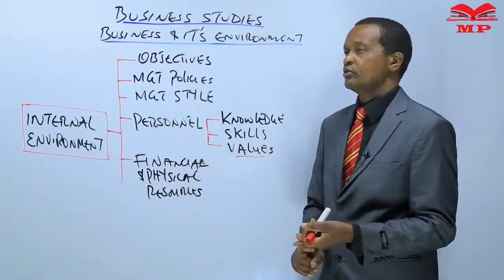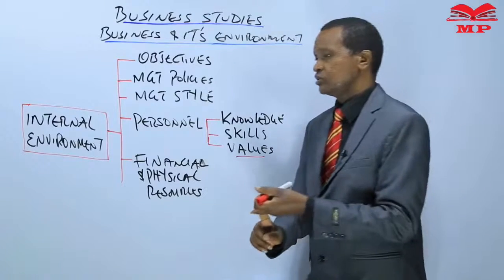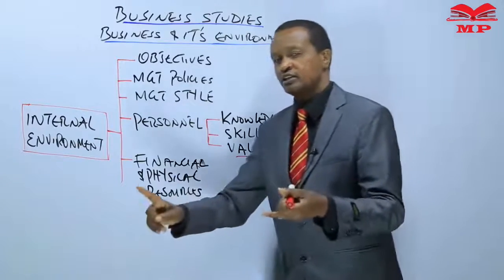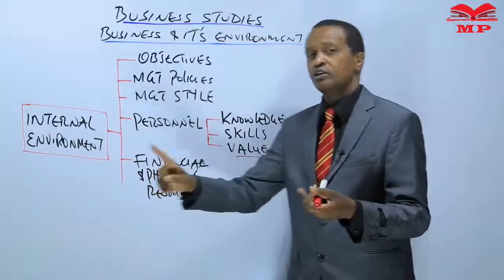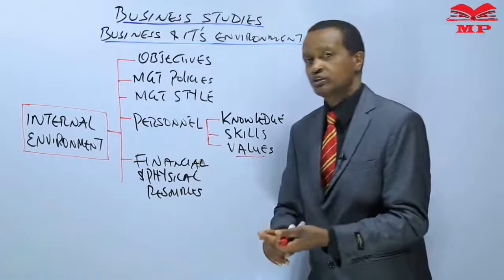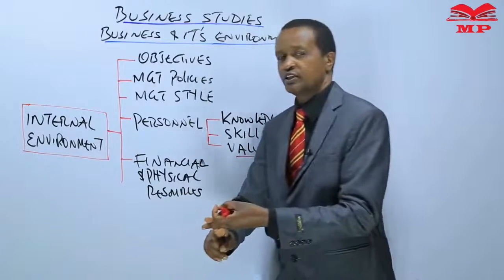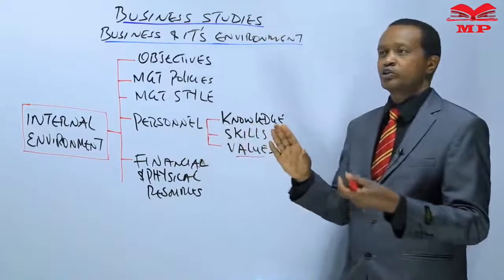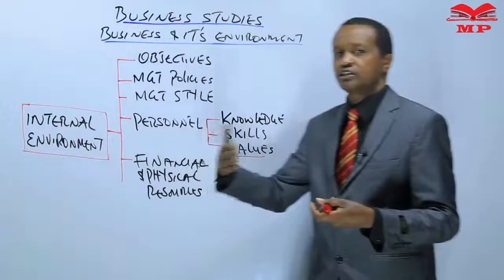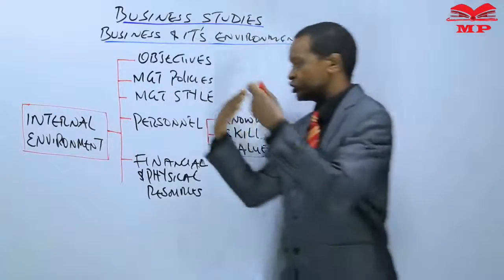Okay, business may require to grow. And by growing, we say the business needs to increase in size. Increase in size of a business may tell you that the business is growing, or increase in output. If the business is increasing the products that it's manufacturing, then that business is growing, okay? Or sales volume. If there is an increase in the volume of sales, then that business is also growing.